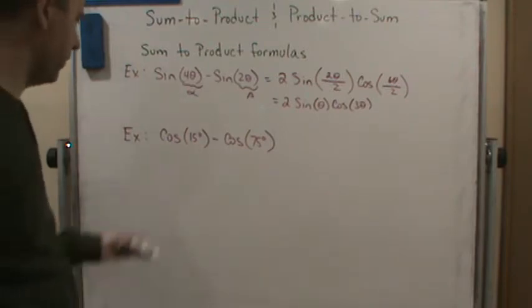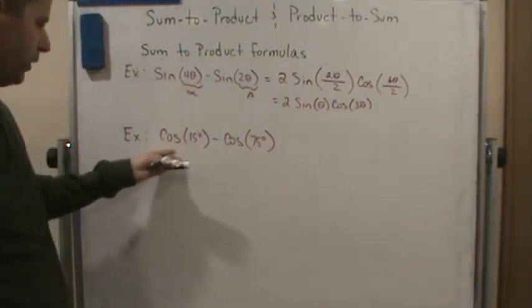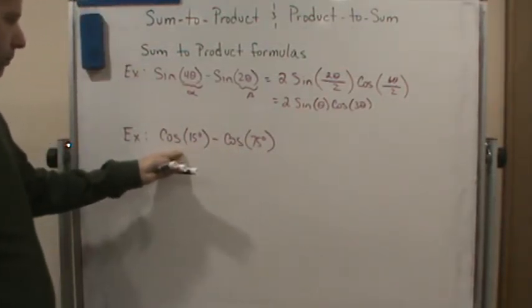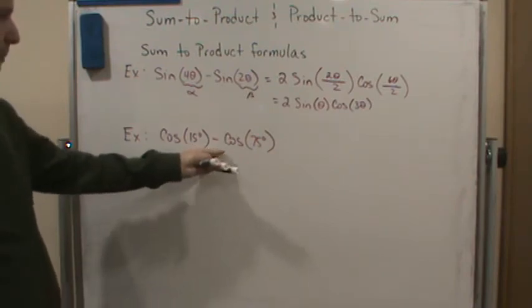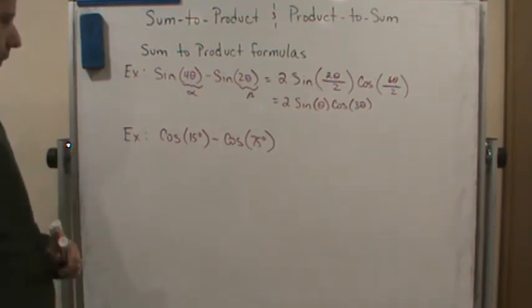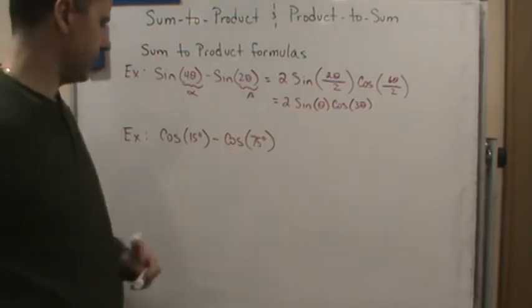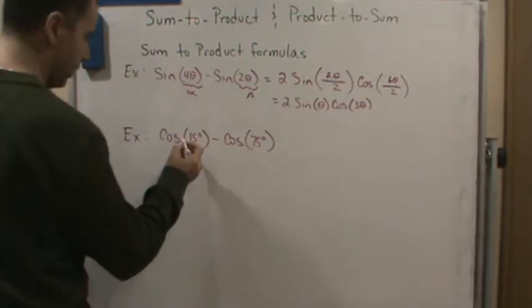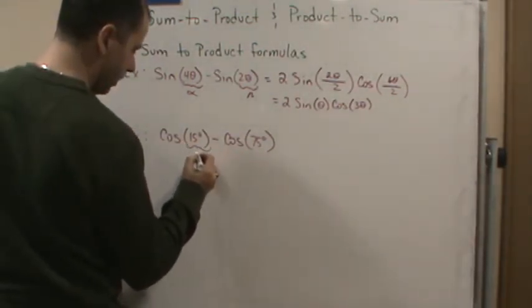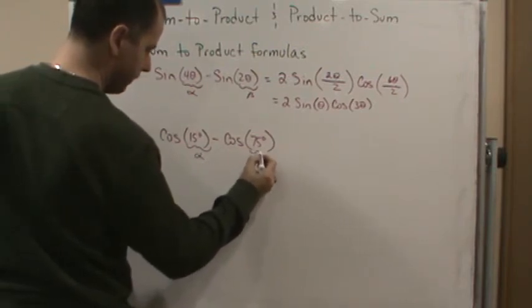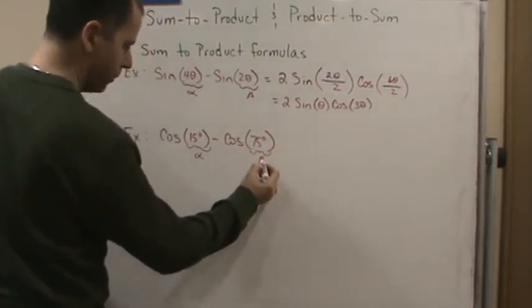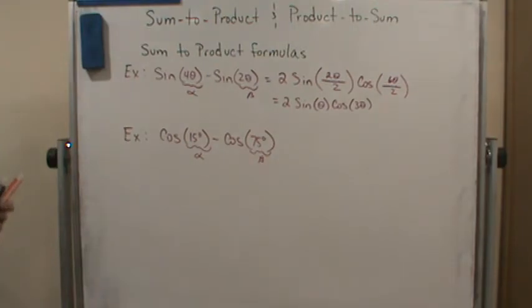Now we're going to use a similar formula, right? We're going to use the one for cosine, okay? So cosine minus cosine, so we have 15 and 75. So again, let's make this alpha, and that beta. And we have to use the formula for cosine alpha minus cosine beta, okay?